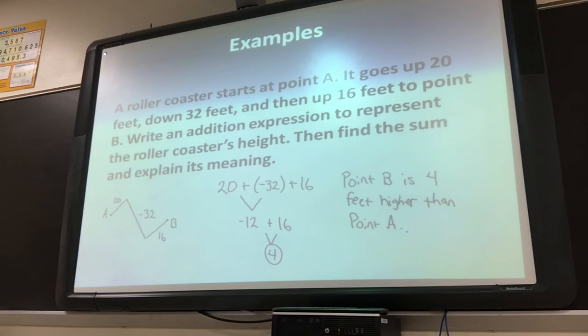Because we start at A, we do everything, we end up at positive 4. So if it was negative 4, point B would have been 4 feet lower. Since it's a positive 4, it's 4 feet higher. Does that make sense? Any questions there? All right.